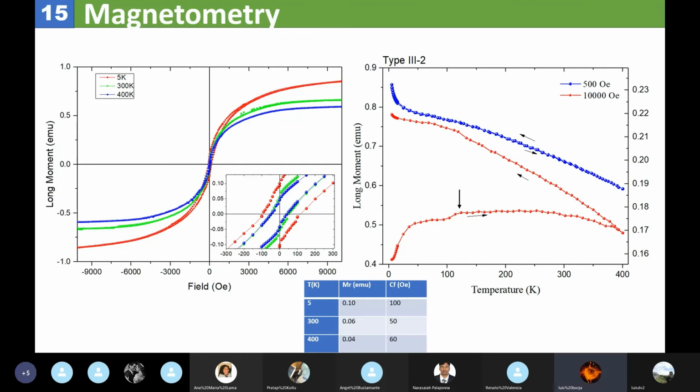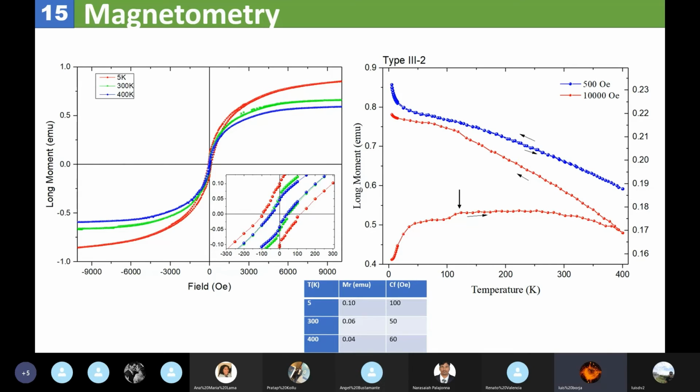Also in the magnetization curve, we can observe that there is a reversibility in the case of 500 Oersted, but not for the red curve, which is the 100 Oersted. You can also see the black arrow.